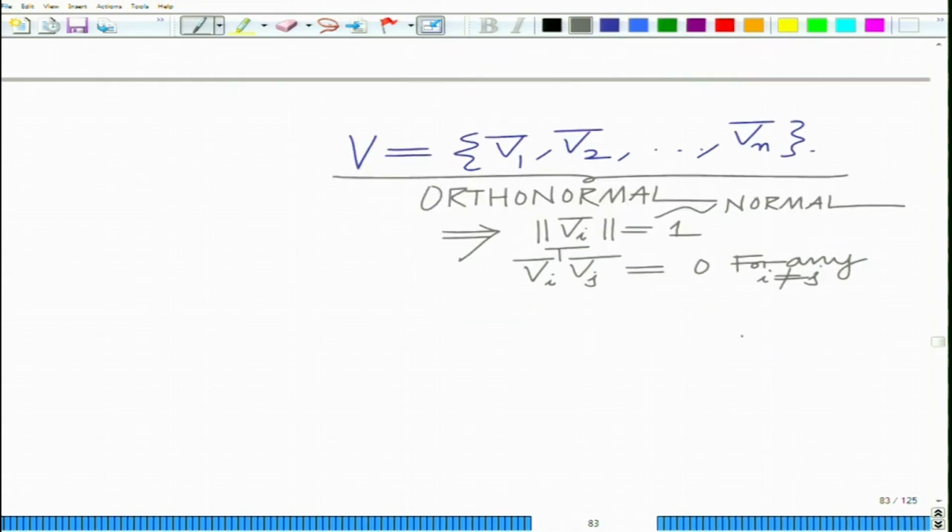Alright, and this basically represents the orthogonal property. So they are orthonormal in the sense that all the vectors in the set are orthogonal to each other and each vector has unit norm, alright, and they span the same subspace.